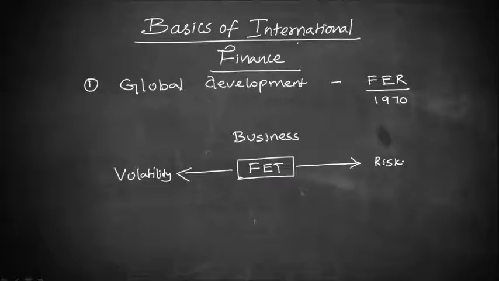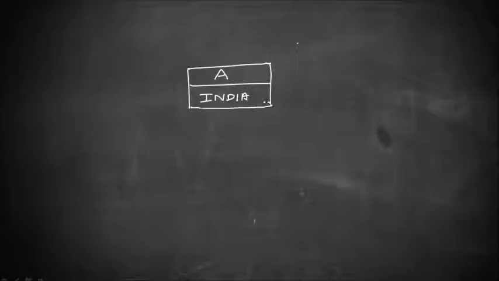First of all, let's take a simple example. Let's say there is a company called A Limited, which operates from India. This company has its customers across various countries. For example, it has customers in USA and in UK.